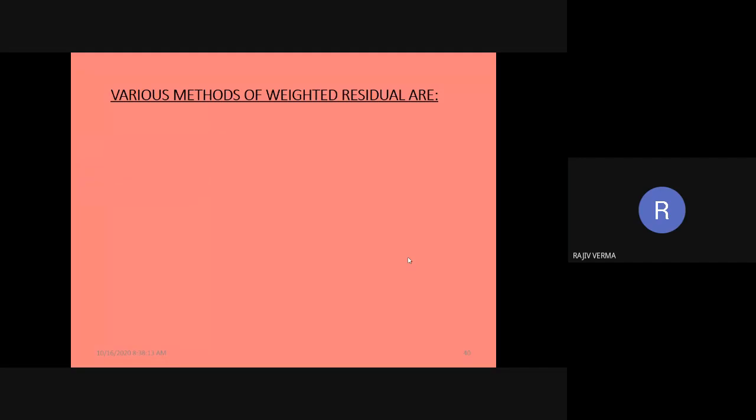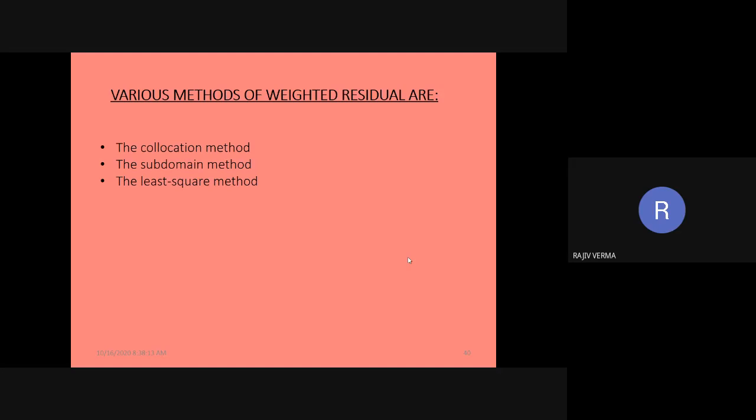So we have discussed three weighted residual methods in the previous class, and there are some similarities between these three methods. We are discussing those similarities first before we proceed to the next method known as the Galerkin method.